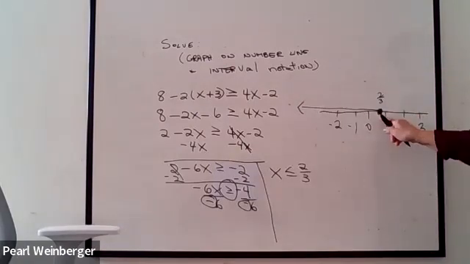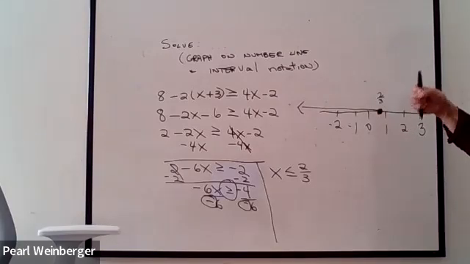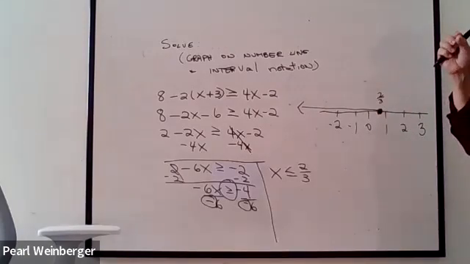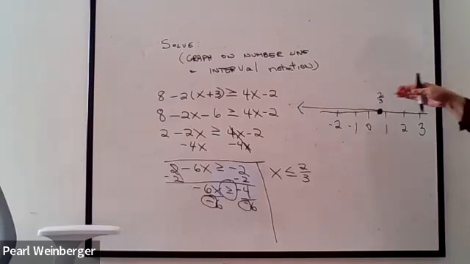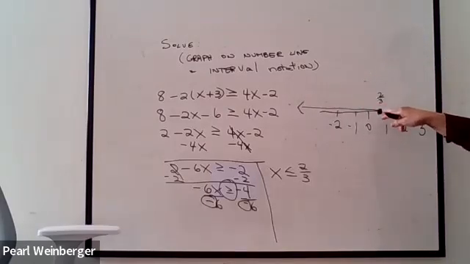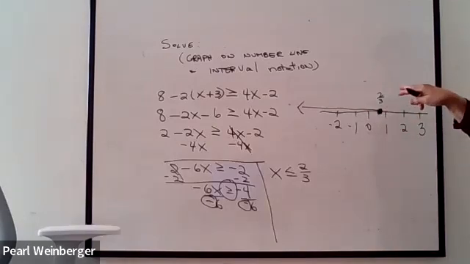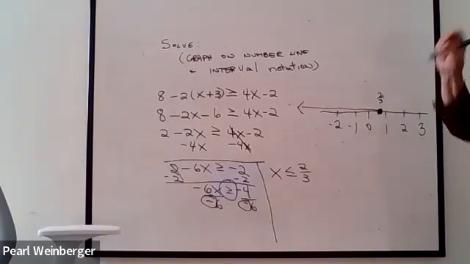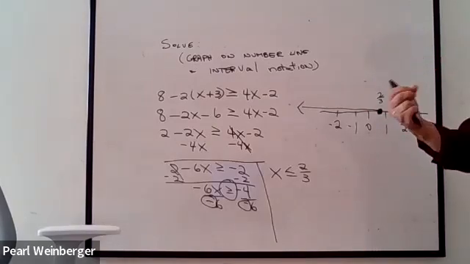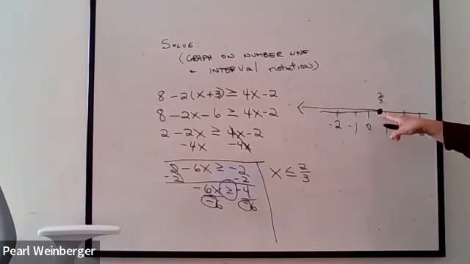It will automatically make this a filled in circle. If you think it should be an open circle, then what you have to do is after you've made the arrow, go to the filled in circle and click on it, and it will change from a filled in circle to an open circle. Now, in this case, we want it to be a filled in circle, so you would leave it that way.